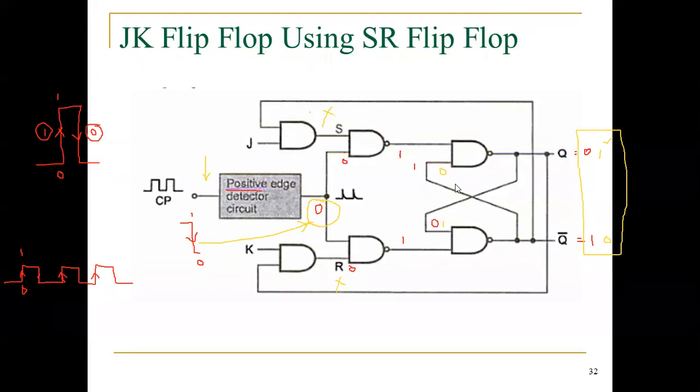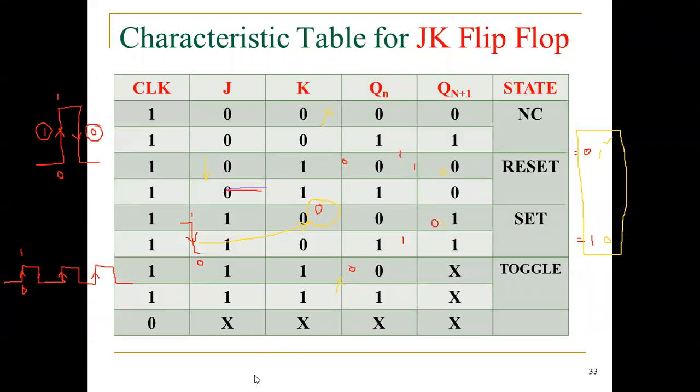The same thing is given here in the truth table. Whatever points we discussed in the earlier slide, the same thing is given here. Instead of my pulse equal to 1, here I am taking 0. Whatever may be the JK or SR flip-flops, the output is a no changing state.